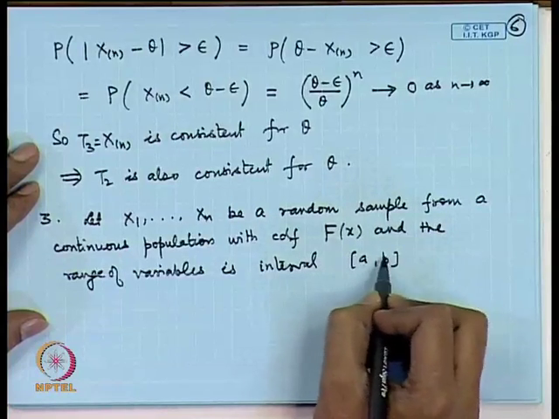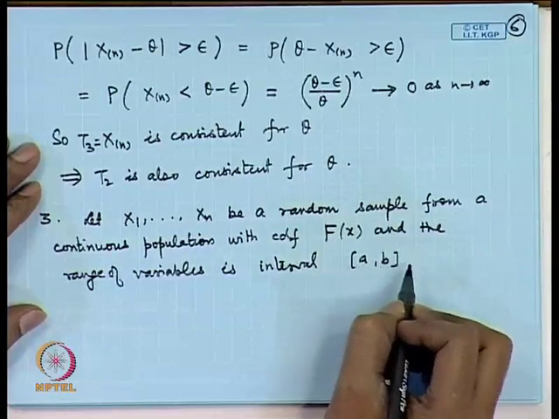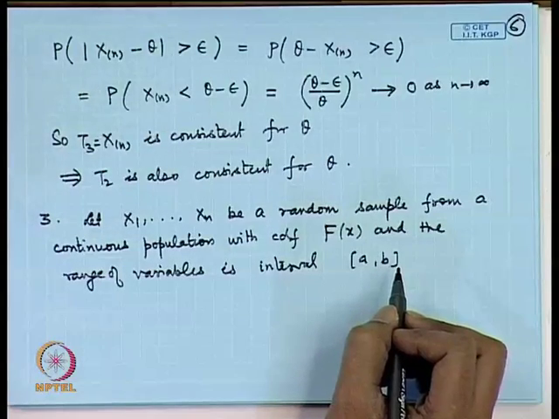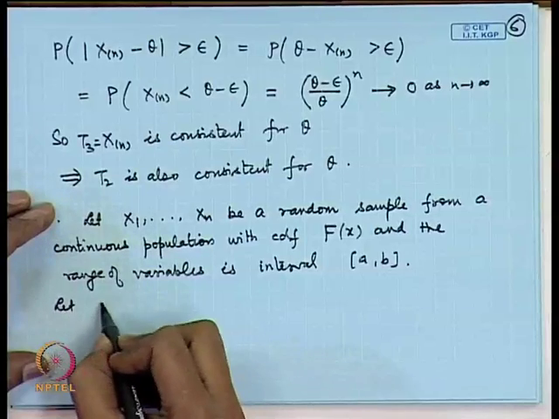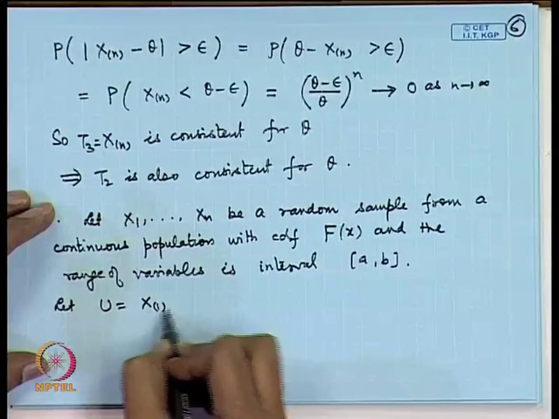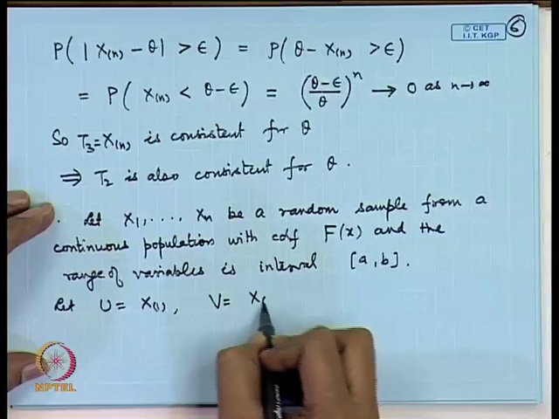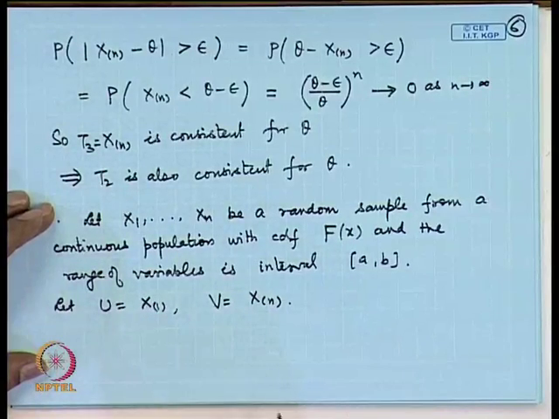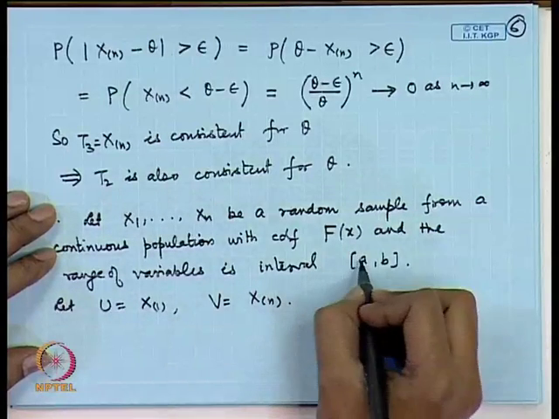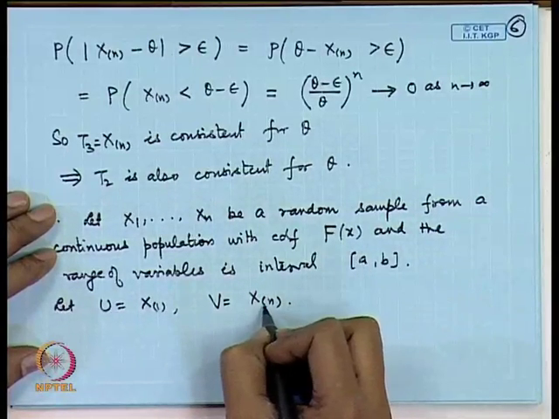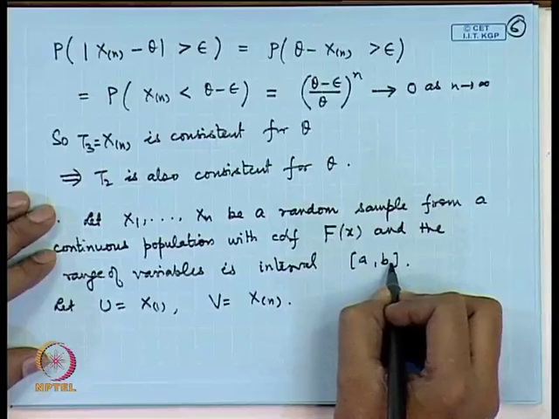Of course, this interval may be open or closed, that does not make any difference if we are handling a continuous distribution. Let us define u is equal to the minimum and v is equal to x n. Then the claim is that u is a consistent estimator for A and v is a consistent estimator for B.